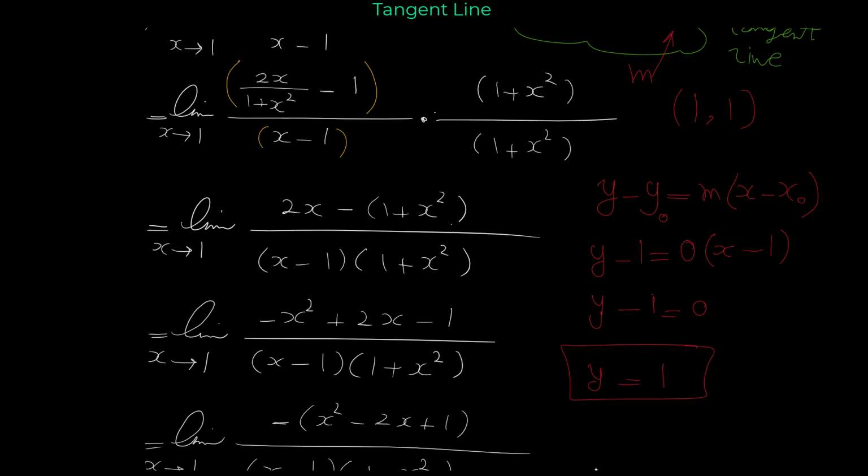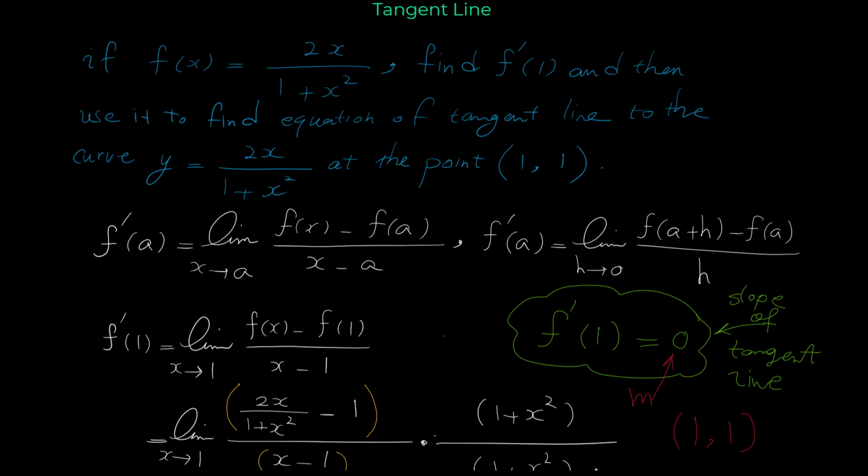Because the slope of the tangent line is 0, the tangent line is a horizontal line. As you can see, y equals 1 is a horizontal line, and so the tangent line is a horizontal line and its slope is 0.